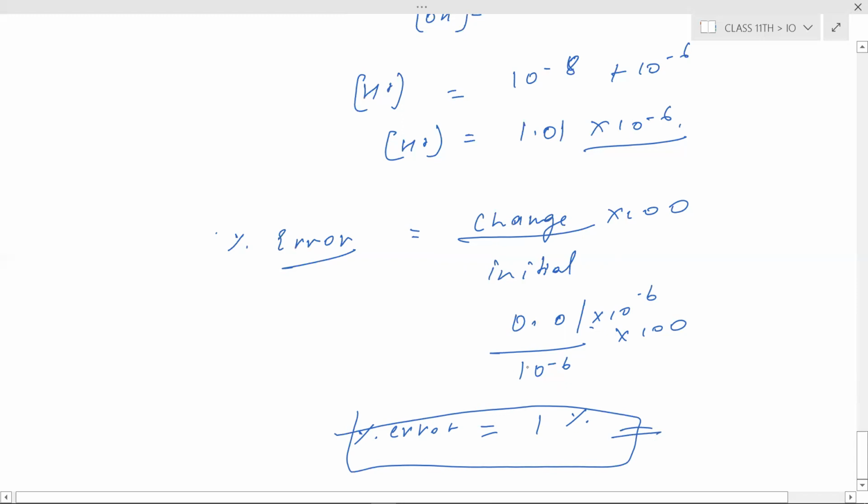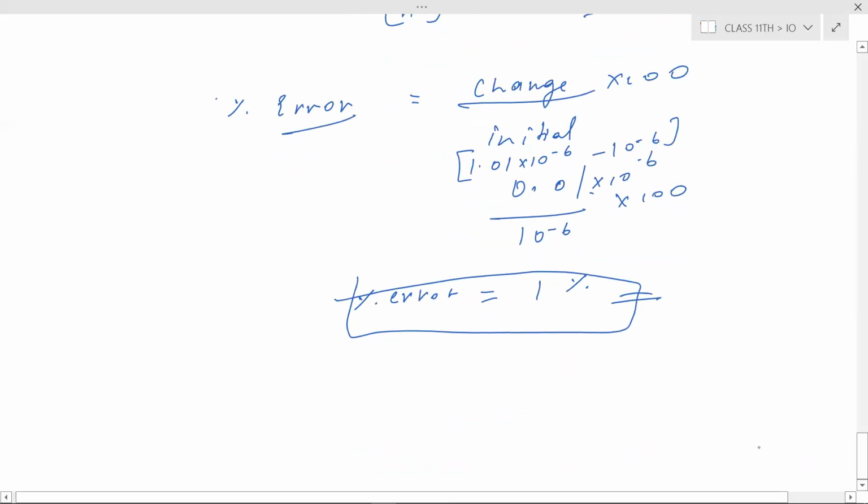The change will be equal to 1.01 into 10 raised to minus 6 minus 10 raised to minus 6, so that is equal to 0.01 into 10 raised to minus 6 into 100. So percentage error is 1% here. And the percentage error is very low, even less than 5%, so it can be neglected. So percentage error is neglected and pH is considered here.